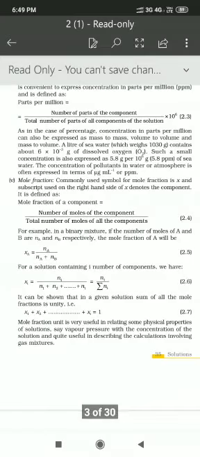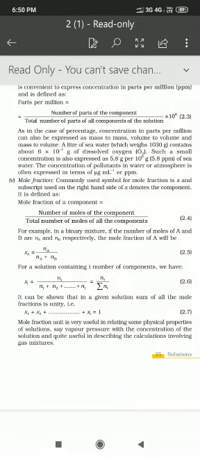The next is mole fraction. Mole fraction is expressed as X. If we have to find out the mole fraction of a component, then it is the number of moles of that particular component upon the total number of moles of all the components. A is one component, B is another component.